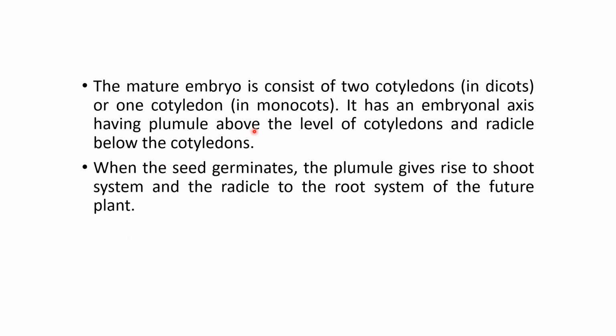The mature embryo consists of two cotyledons in dicots and one cotyledon in monocots. It has an embryonal axis having plumule above the level of cotyledons and radicle below the cotyledons. When the seed germinates, the plumule gives rise to the shoot system and the radicle gives rise to the root system of the future plant. And with this, the life cycle of angiosperm is completed.